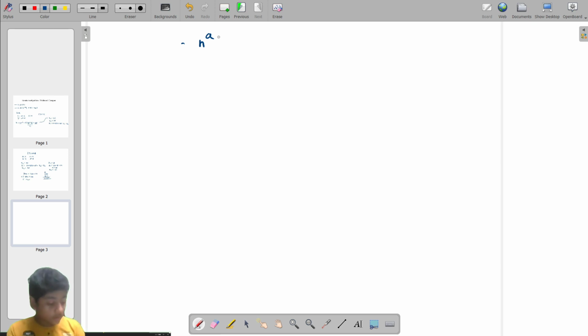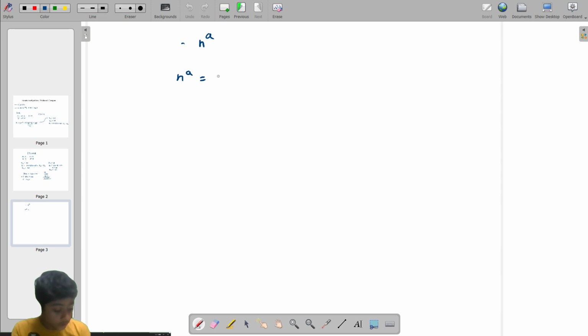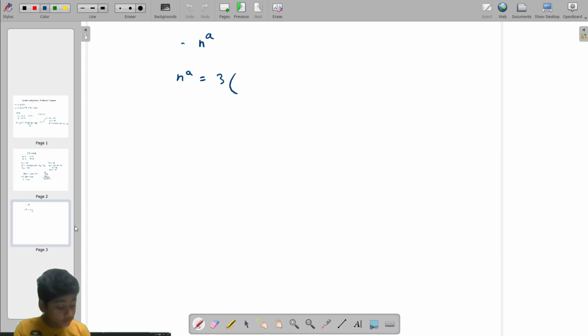Here we saw that we need to do 3 multiplications, but their size is n by 2, because a and c both have half the size of the original number. So 3 times n by 2 raised to a.